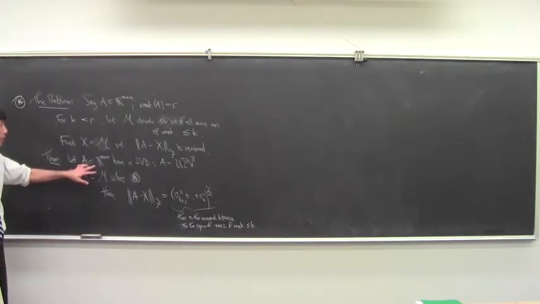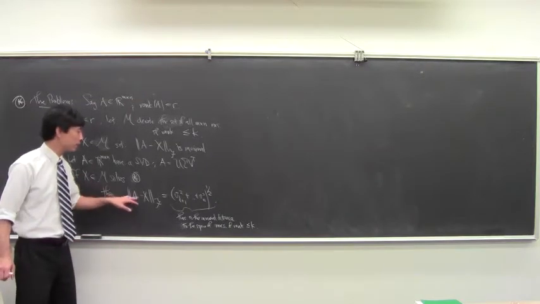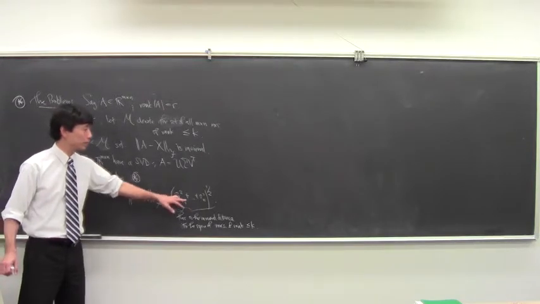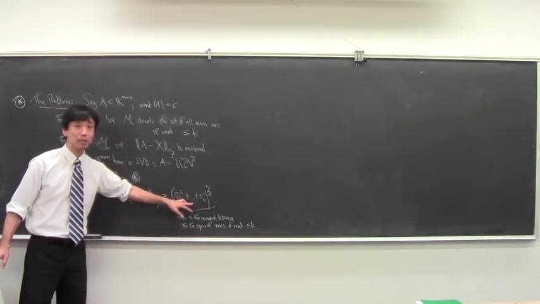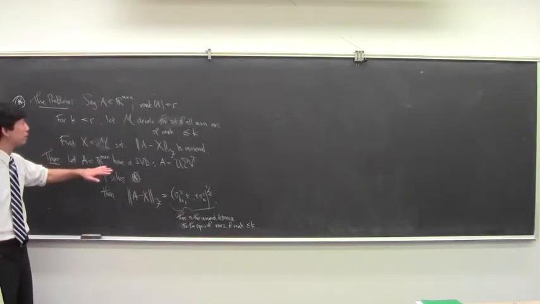So this is saying if a solution exists, then the distance between A and that solution is going to be this. In other words, this is the distance to M of A, right? You think of M as a space.